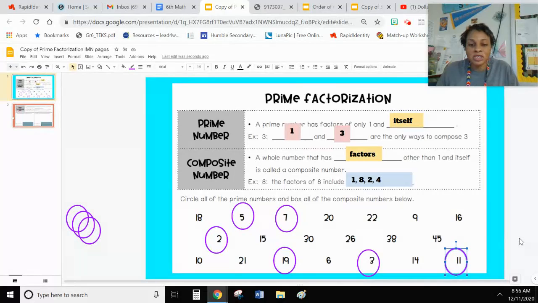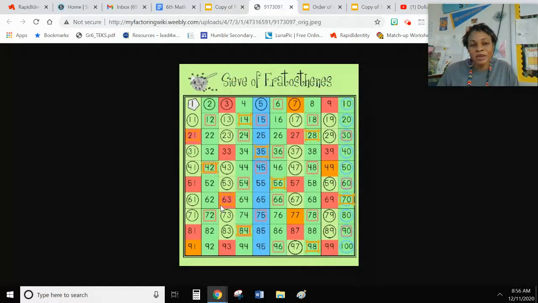And now, just to check, I'm going to look at my sieve of Eratosthenes to make sure that 19 is prime. That's the only one I don't quite know. So here's our sieve of Eratosthenes, and all the numbers that are circled are our prime numbers. All the other colors tell you that they are factors of different things. All the greens are numbers that can be evenly divided by 2.